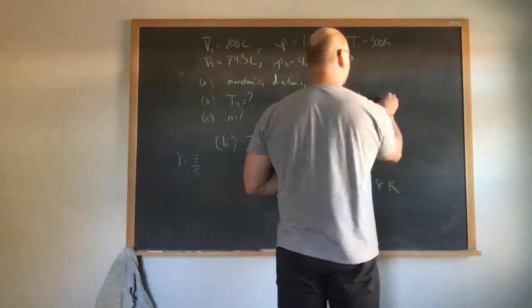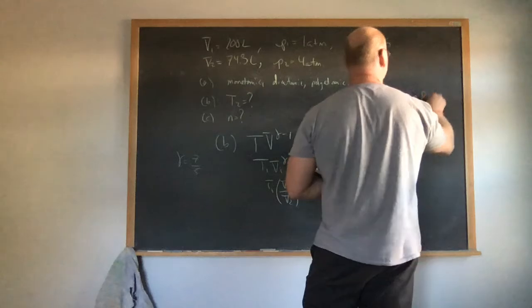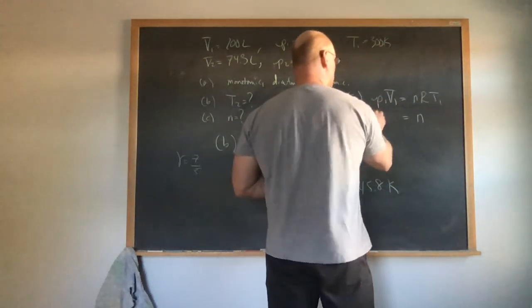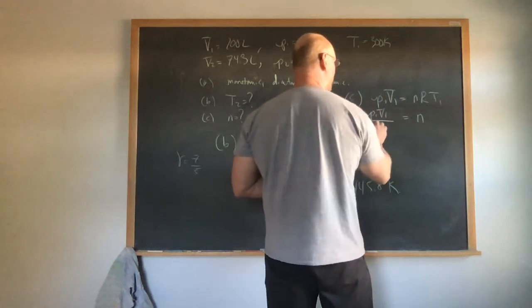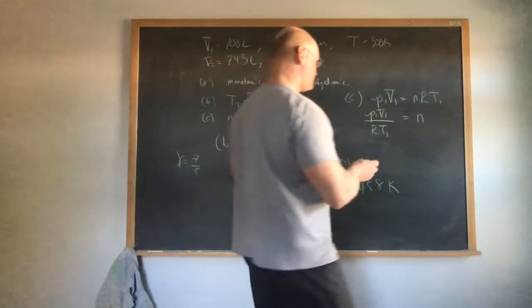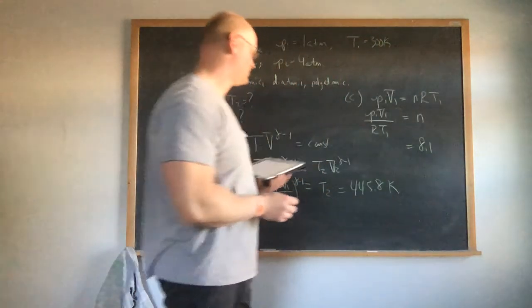Using the ideal gas law, the pressure 1 times the volume 1 must be equal to n times R times the temperature 1. That means the number of moles is the pressure at 1 times the volume at 1 divided by R times the temperature at 1. Using our numbers, I find this turns out to be 8.1 moles.